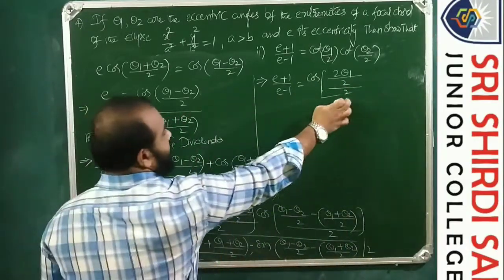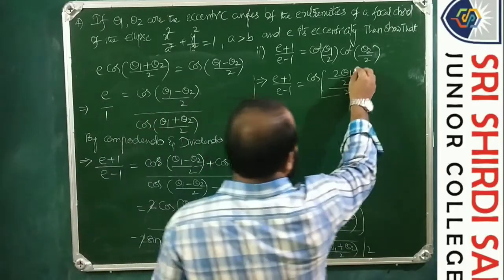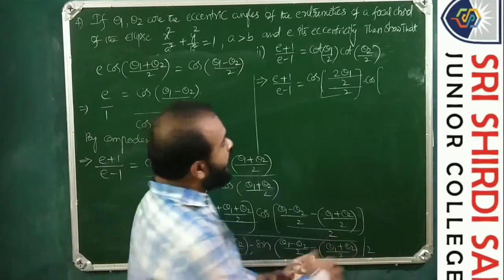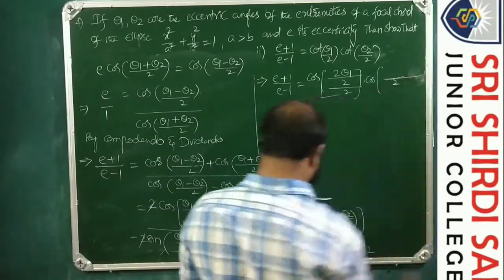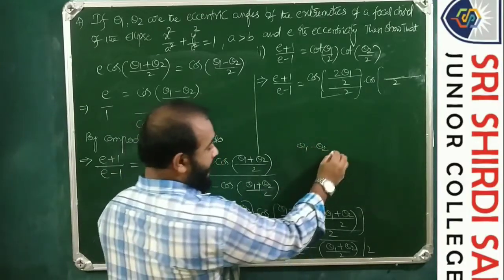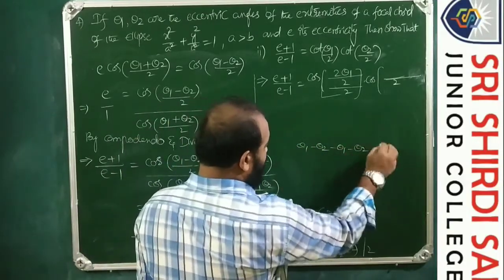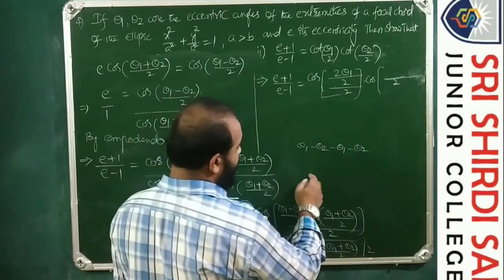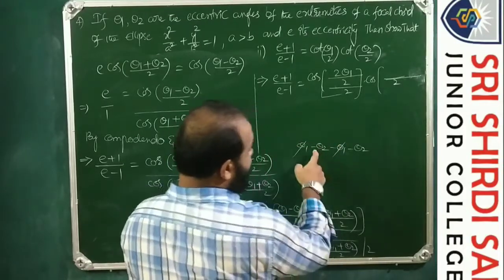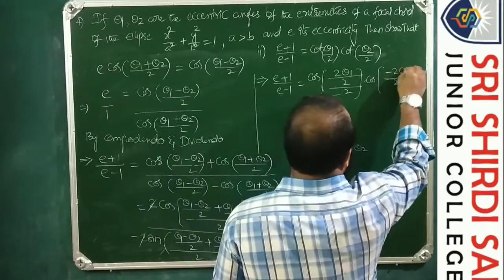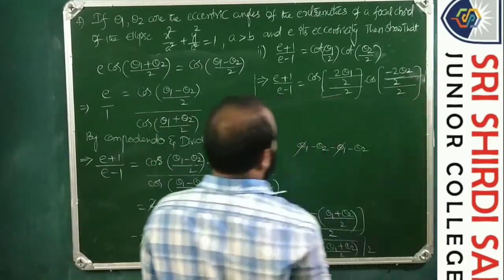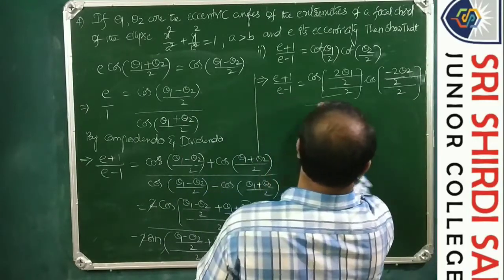Likewise for the cos in the denominator, 2 is the LCM, so theta 1 minus theta 2 minus theta 1 minus theta 2, theta 1 gets cancelled, leaving minus 2 theta 2 by 2, by 2, and the same for the sine.